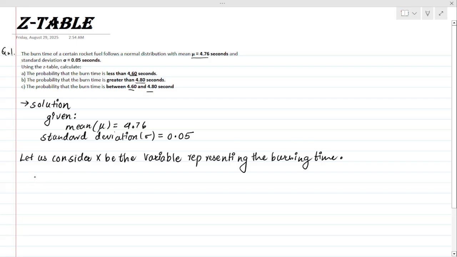So the first case, we have the probability that x is less than 4.6 seconds.